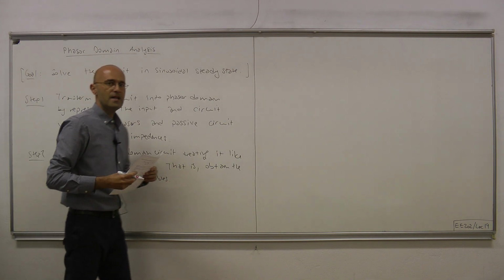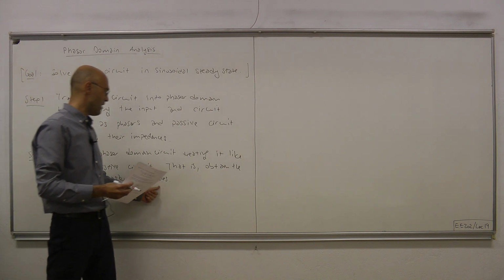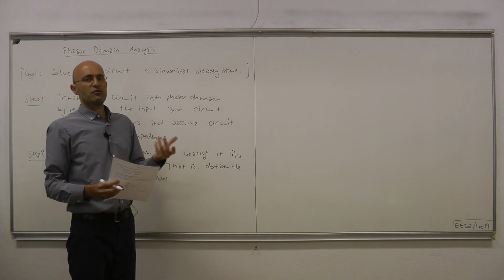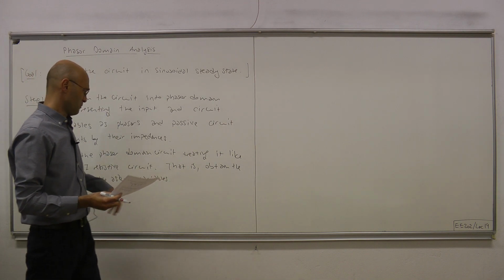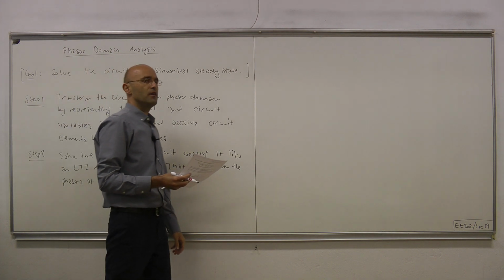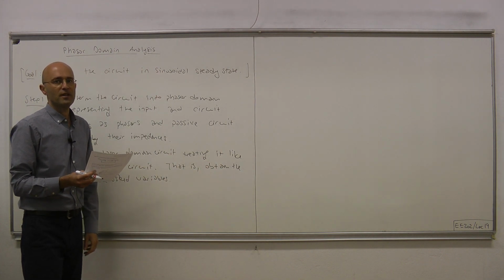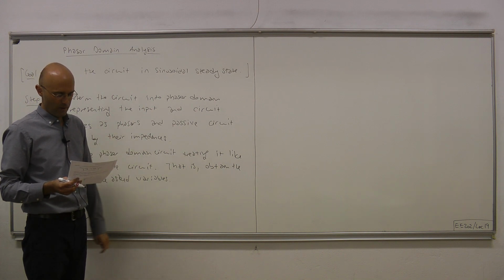And step 3, the last step, is the easiest of all. Once we have the phasor of the asked variable, let's say of the capacitor voltage, we transform that complex number into the time domain representation of that signal, since we know the frequency of the oscillations, omega.